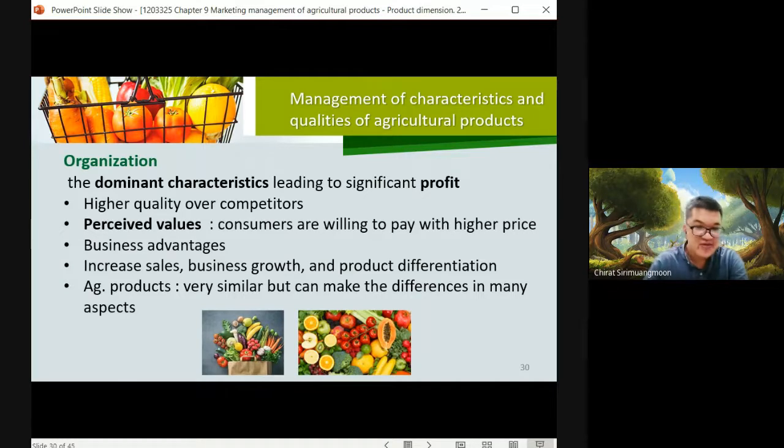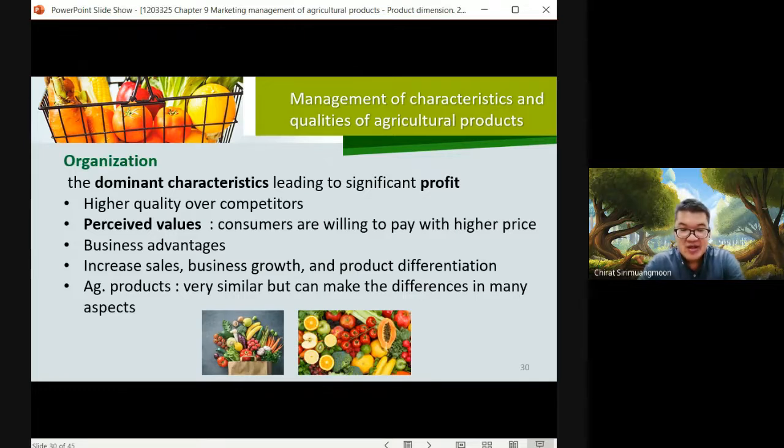If you have a very good quality product, that is the key point for having profit. Normally, if you have a good product, you have to think about how to make it have higher or better quality or better characteristics than the other competitors, or make it different.